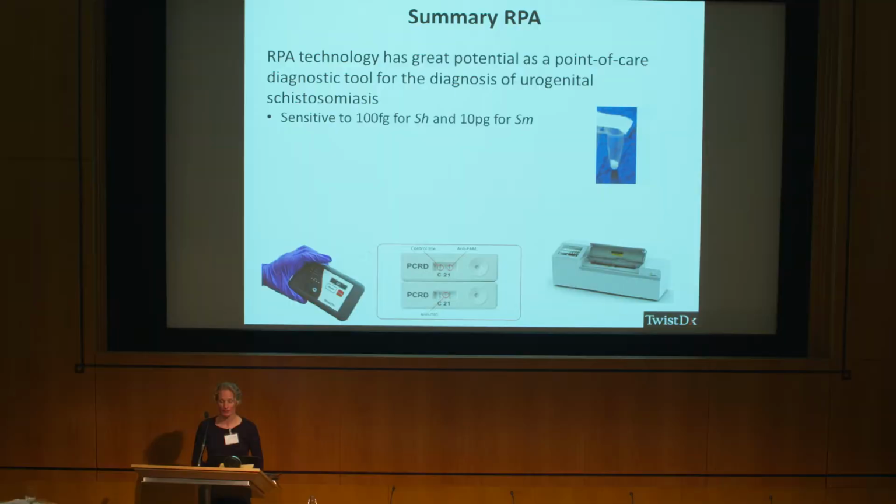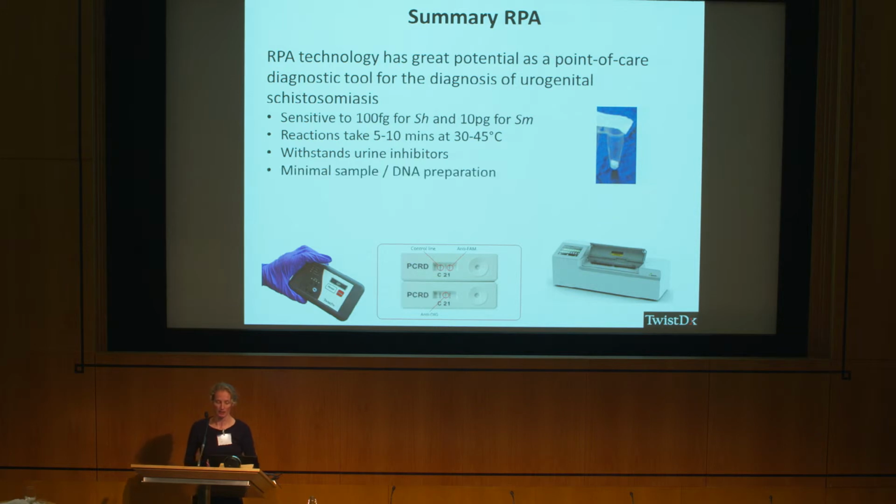The devices we use are very portable. Sensitivity is good, but again, I think with more development, we can get much lower. Reactions are very quick. You need low temperatures. The assays withstand inhibitors.